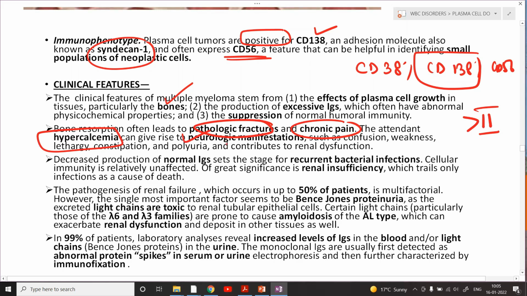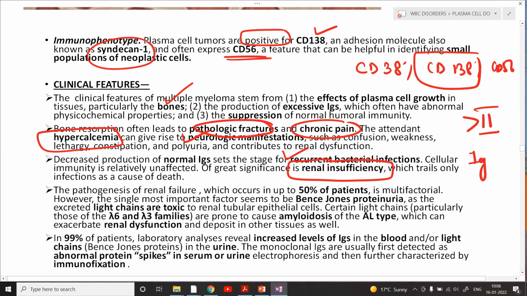Now, very important: although you have an excessive amount of immunoglobulins, these immunoglobulins are not properly performing their function. As a result, such patients have increased recurrent bacterial infections. And very importantly, one important cause of death is also renal insufficiency or failure, next only to infections.